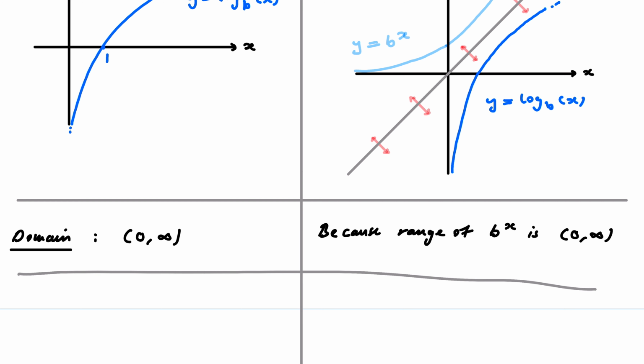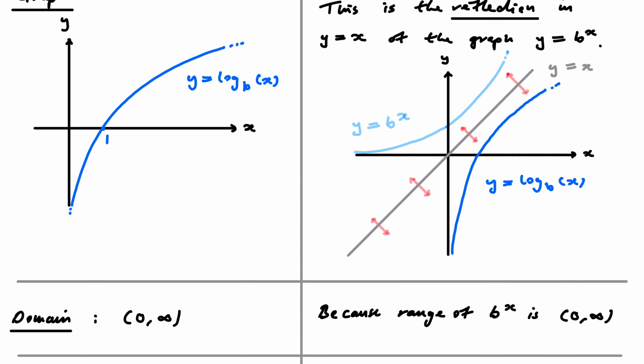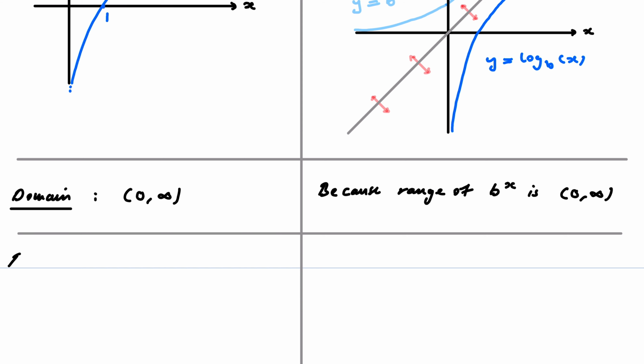Same thing with ranges. So the range now, you can see it from the picture, all possible y's are hit. So the range is minus infinity to infinity. And again, this is because of the domain of its inverse.